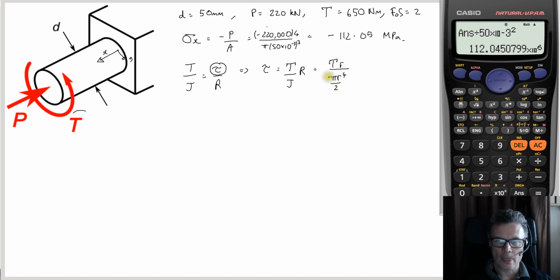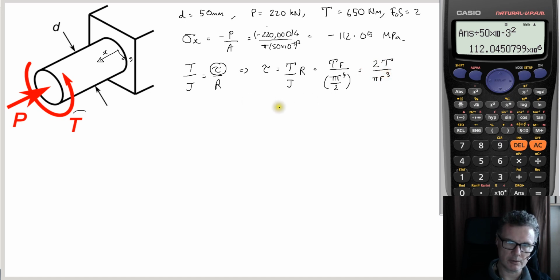So watch out, that's the polar version, i.e. the J, not the I, which would be if you were bending it, not twisting it. So one of the r's is going to cancel here, so that's going to give us 2 torque divided by pi r to the power 3.